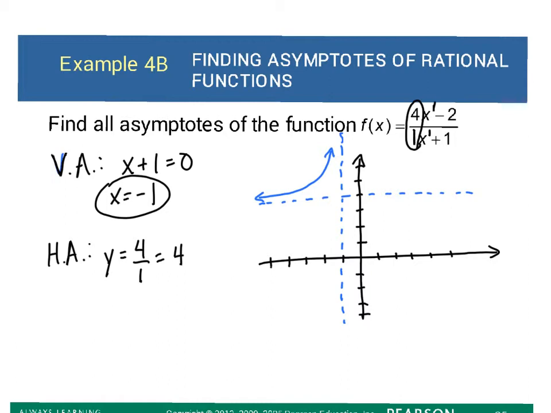So it's going to look like that. Okay, so there is the graph of your function that I have for you here, and that is how you find those vertical and horizontal asymptotes.